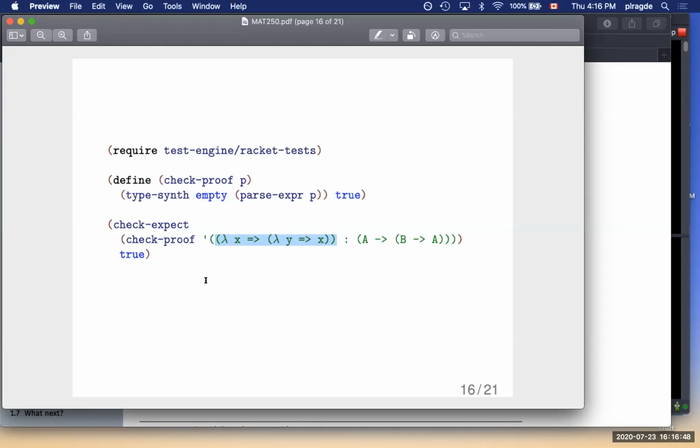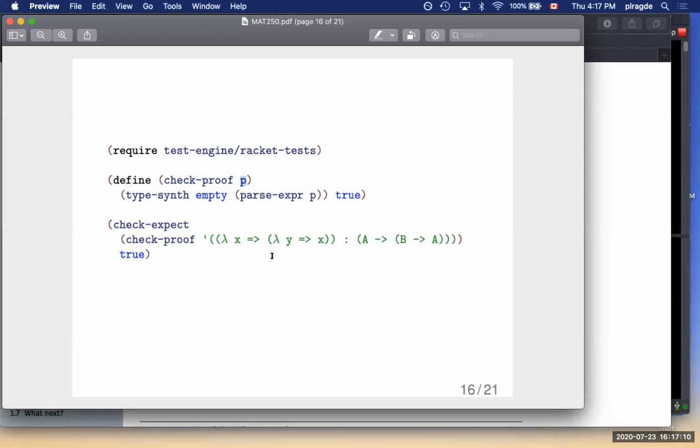Well, we have an annotated term, and the thing we can do with an annotated term is synthesize its type. So check proof in general consumes P, which is an S-expression, but it's an annotated S-expression.